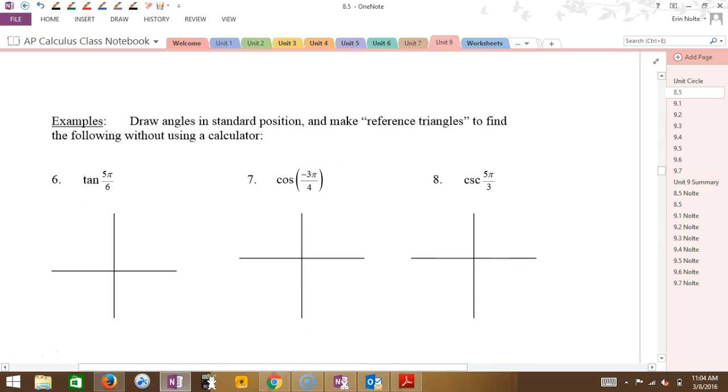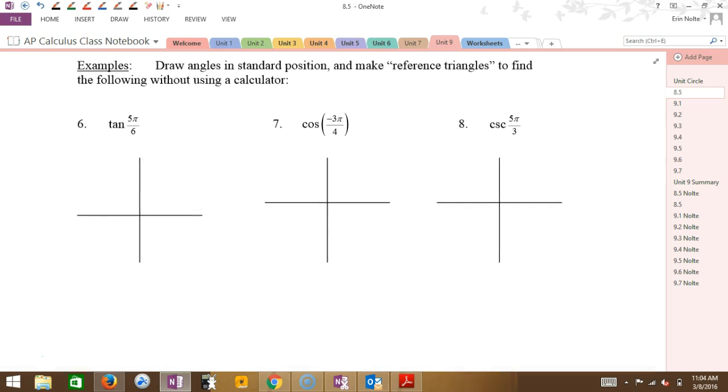Okay, so this one says to draw the angles in standard position, make the little reference triangle, and then find the following without using a calculator. Okay, here we go. 5 pi over 6.